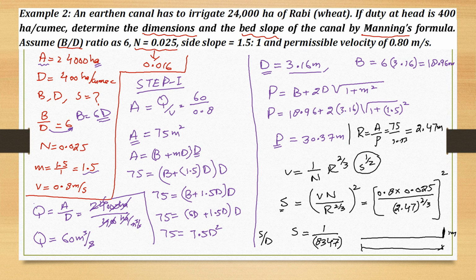Mean bed slope of the channel is adjusted in this way. 8347 meters in horizontal direction, we will have 1 meter of vertical downfall in the channel slope.